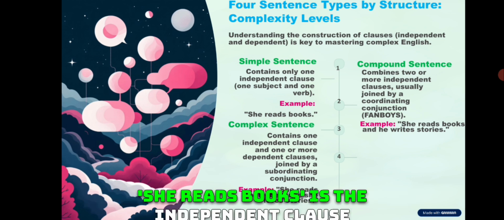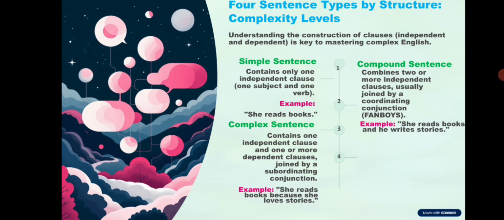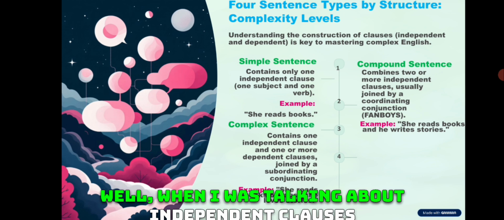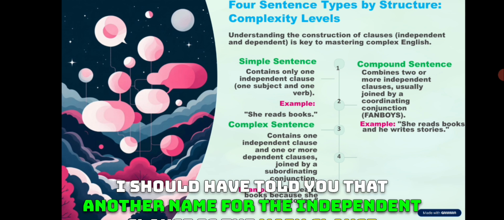She reads books is the independent clause. Because is a subordinating conjunction which begins the dependent clause. Another name for dependent clause is subordinate clause. Well, when I was talking about independent clause, I should have told you that another name for the independent clause is the main clause.